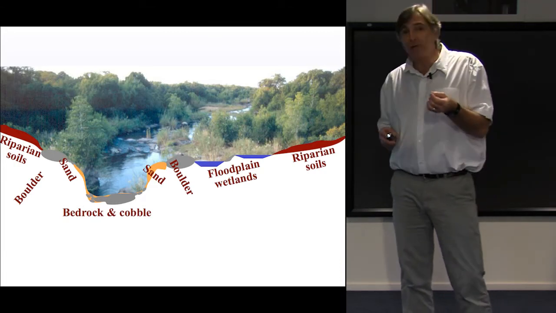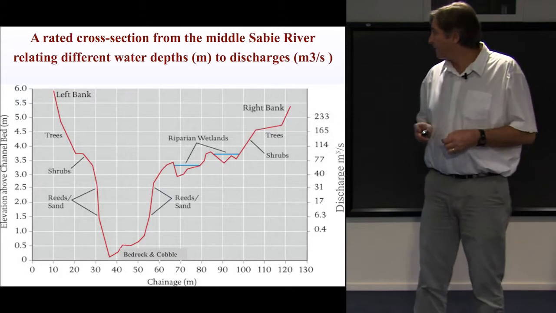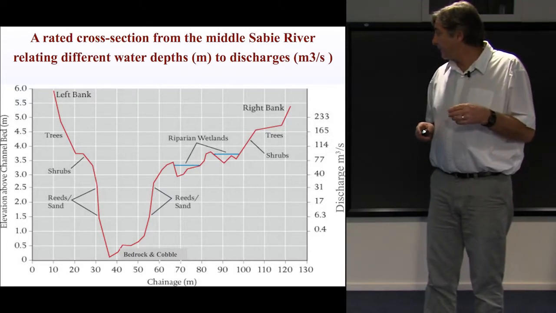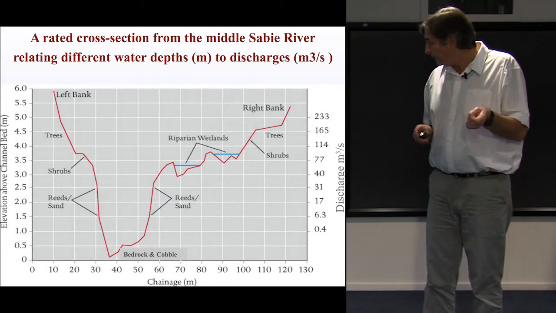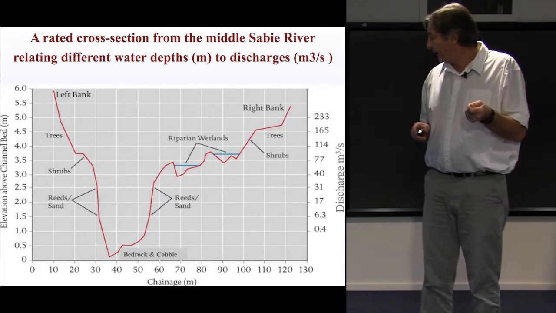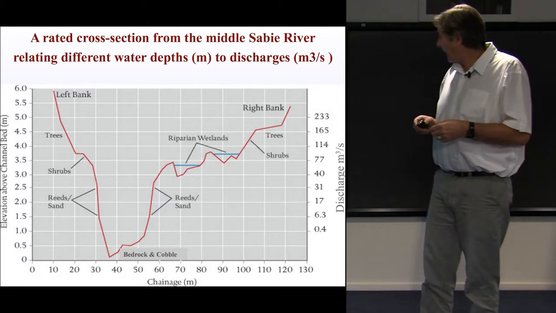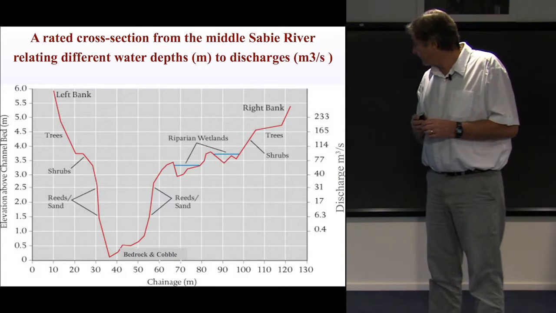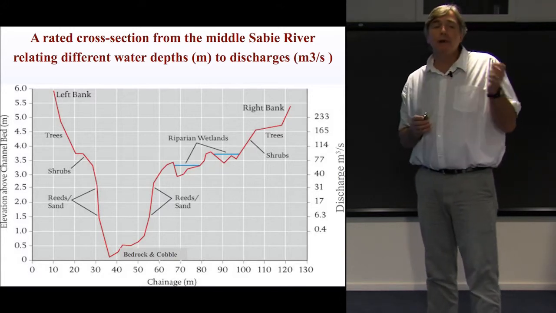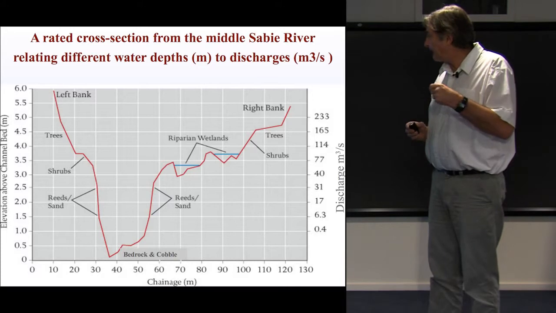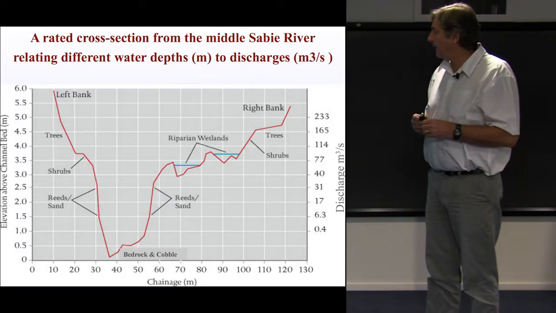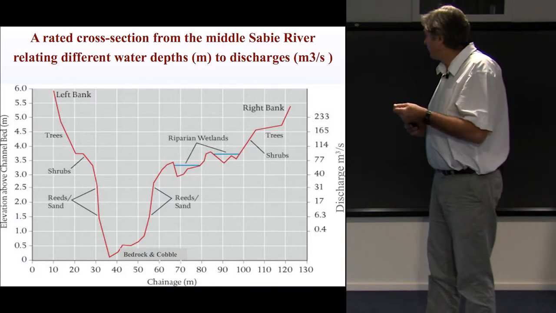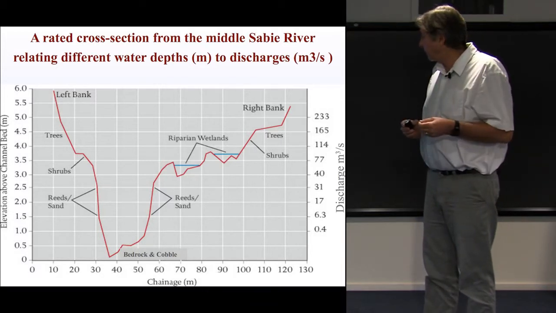And if we survey that cross-section, we can then provide ourselves with a graphic which shows the different depths, the different types of habitats marked there, the width of the river, and on this right-hand y-axis here, we've got the rated discharge for any depth. On the left-hand y-axis, we've got the corresponding discharge.